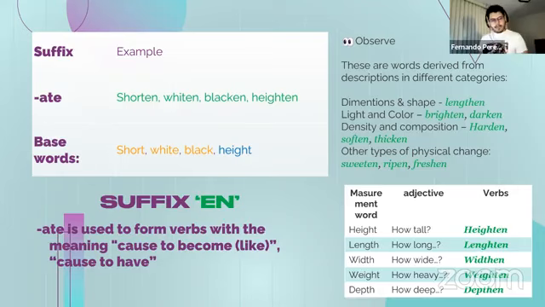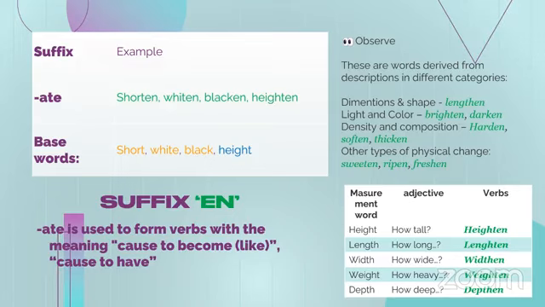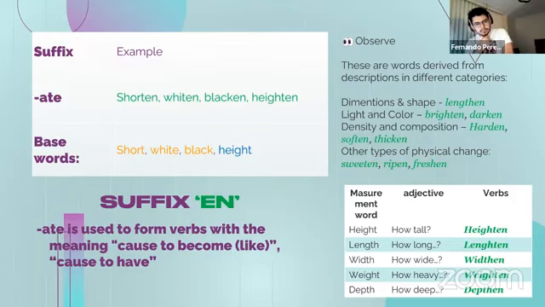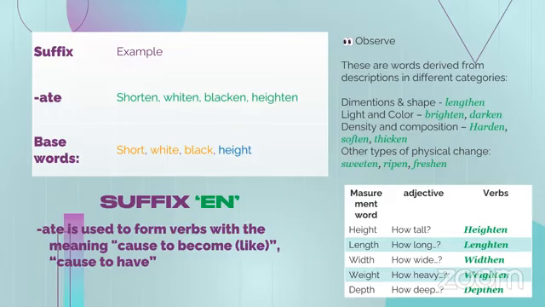Okay, for example, when I a book, the more favorite book, could be softened, for example. Soften. Okay.